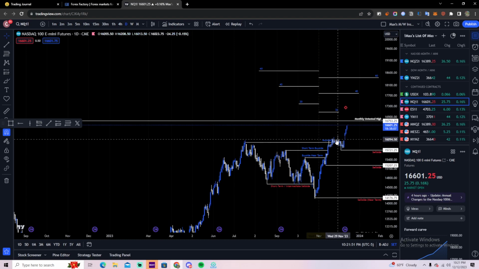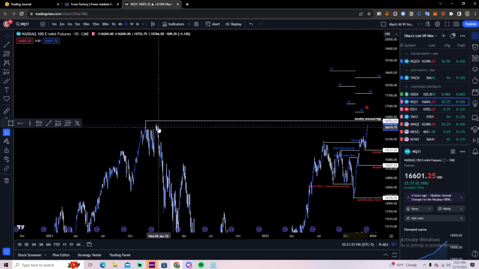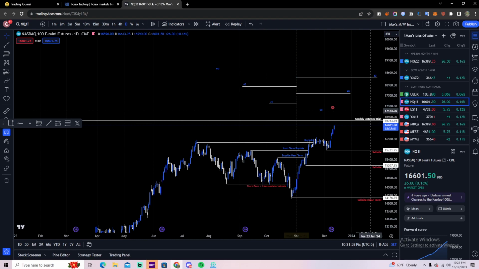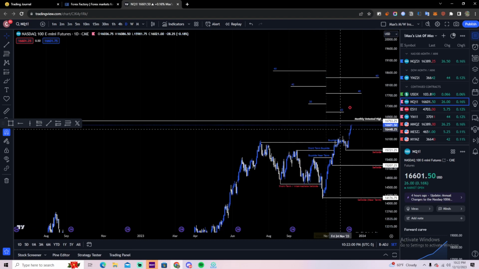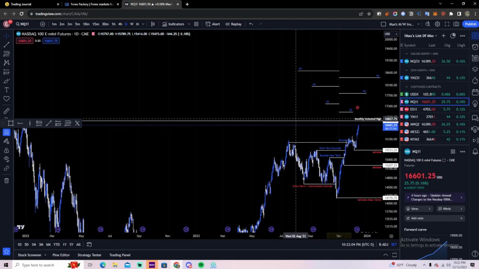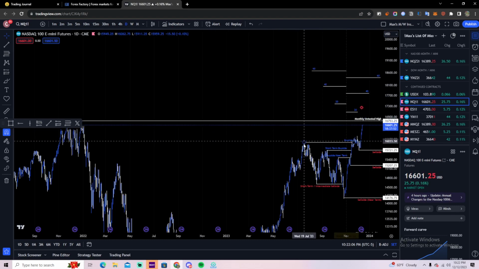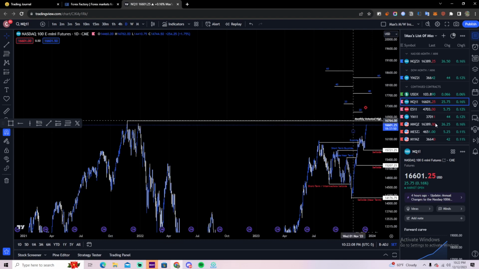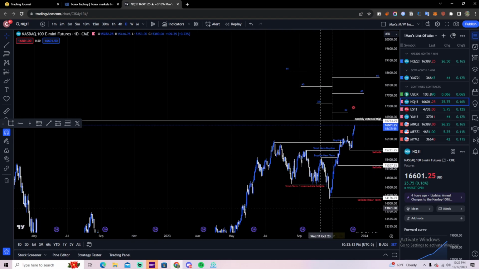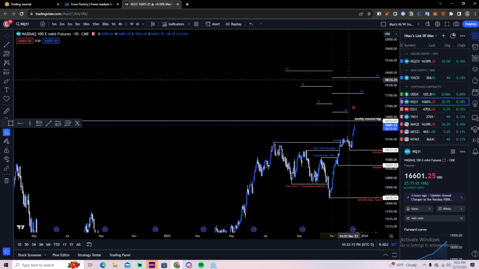Now, why is price trading up here? Because of these highs. When it trades above these highs, we can expect a market structure shift, and the reason why is at that point there's no reason price will continue higher. The algorithm is looking at this past data, trying to find where the majority of liquidity is based on where pending orders are.